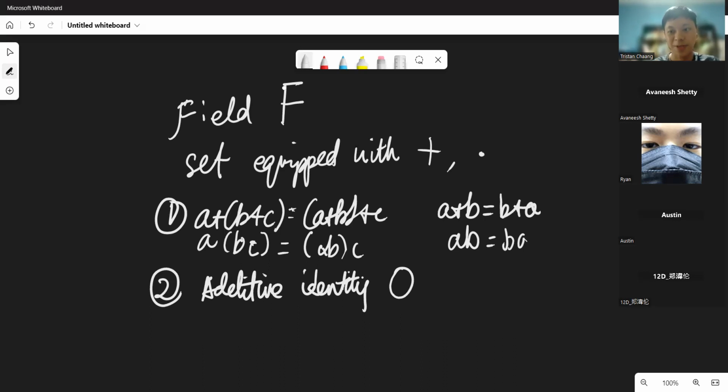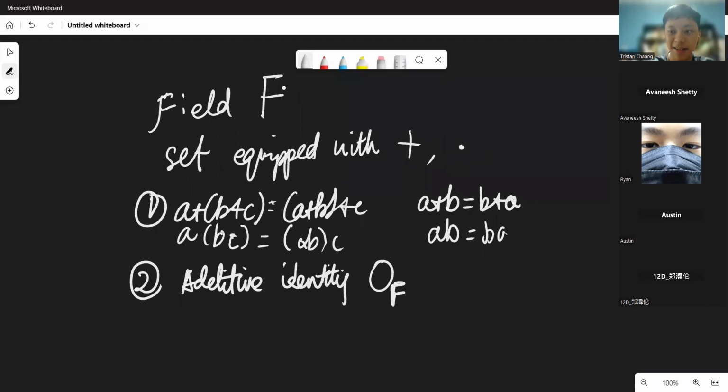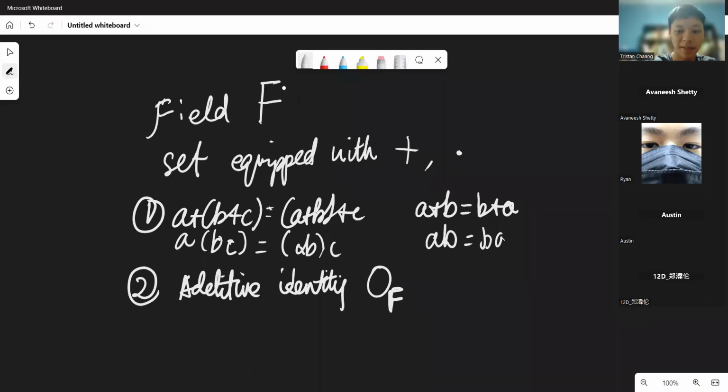Don't think of this 0 as the actual 0 in the real numbers or complex numbers or whatever. This is just an object in this set. So sometimes they write 0 and then subscript F. This identity is an element such that A plus 0 is equal to A for all A inside that set.